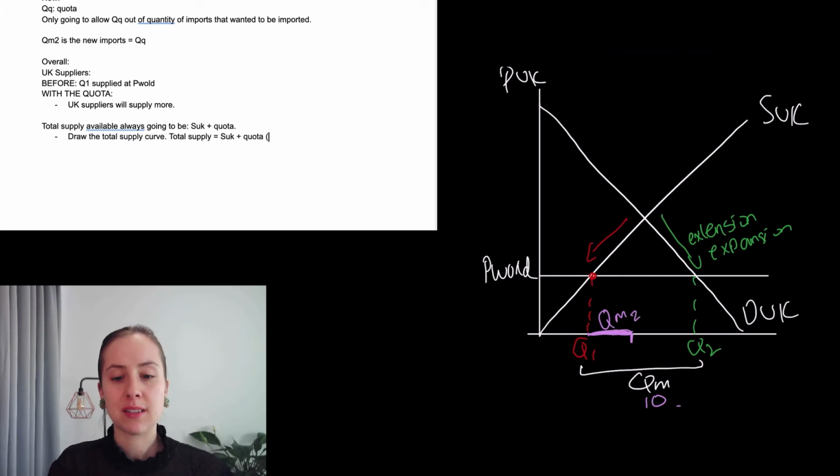And we know the quota is this purple bit. So at P-World, the UK supply curve is here, and I'm going to just add on the quota, which is all of this distance there. And so this is going to be the new location of the new total supply curve.